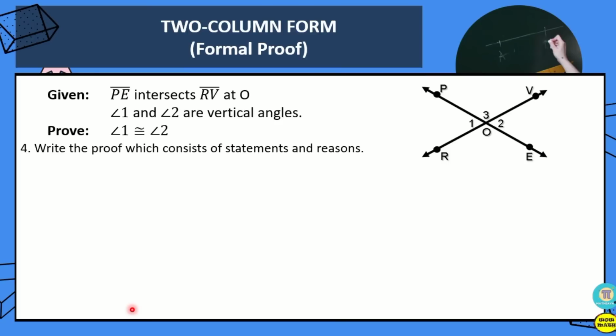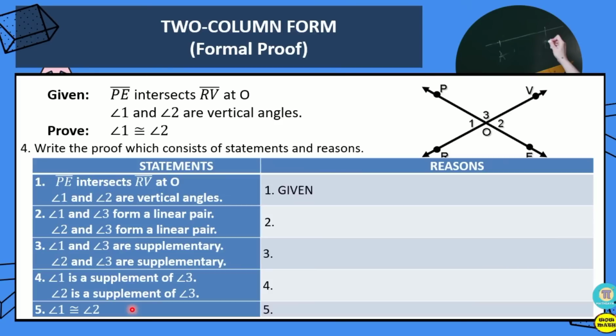So, write the proof consisting of statements and reasons. Pag sinabing 2-column proof, meron ka ditong, syempre, 2 columns. So, ito po yung ating tinatawag na 2-column proof. And this is one of the examples of formal proof under direct proof. Kadalasan, most of the time, ang nilalagay po natin dito sa number 1 ay yung given.